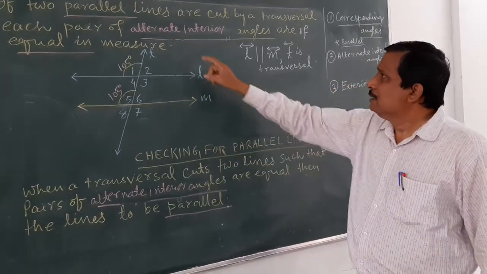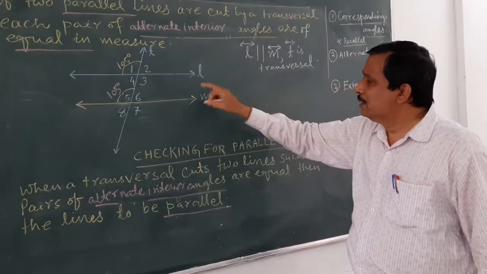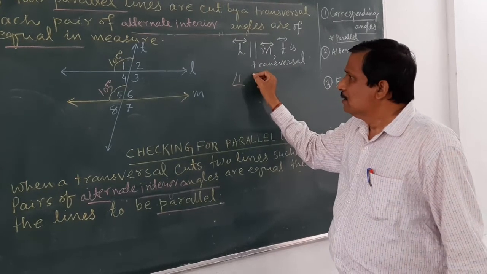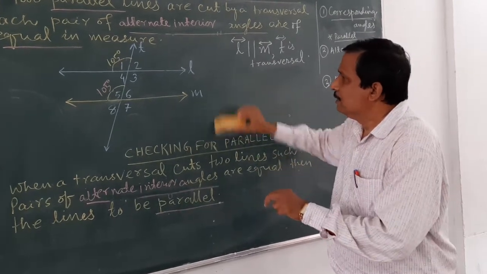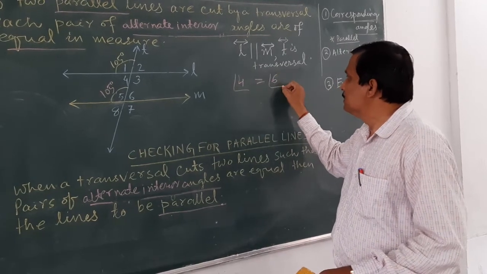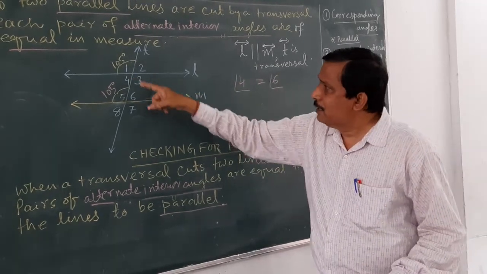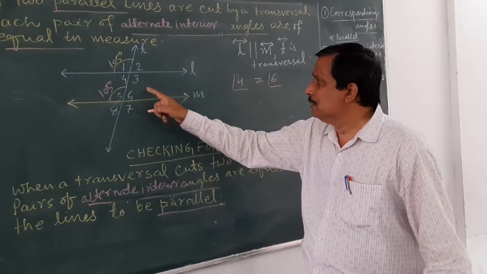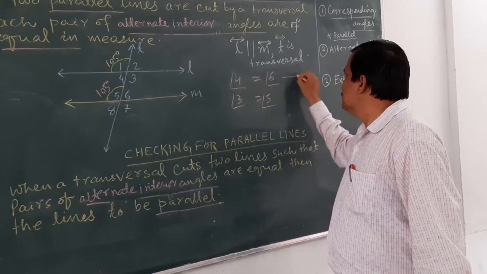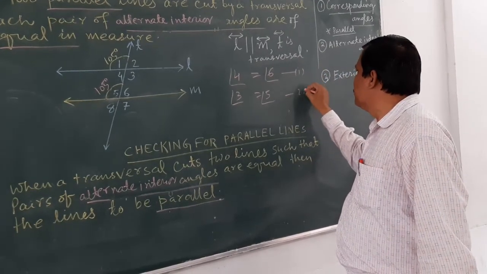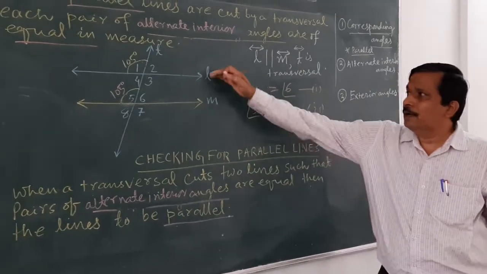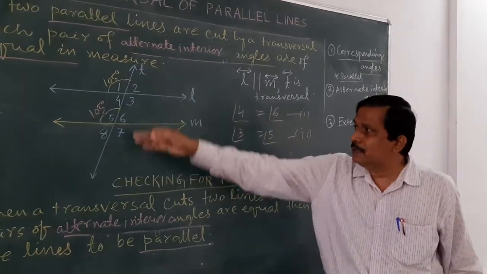But here the alternate interior angles: alternate interior means, suppose angle 4 is equal to angle 6. Again alternate means opposite, 4 and 6, then 3 and 5. Angle 3 equals angle 5. These two things will come because here the given line L is parallel to N and this is the transversal.